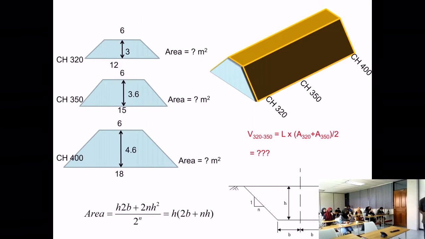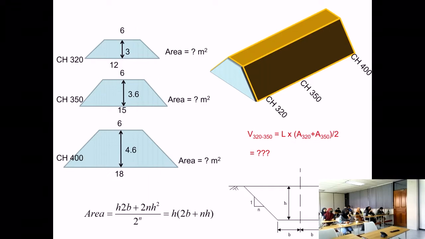Anyway, this is an example of the average area method I mentioned before. For example, this is the field area. You want to fill something like that, right? This is the top of the road. This is the base of the road.